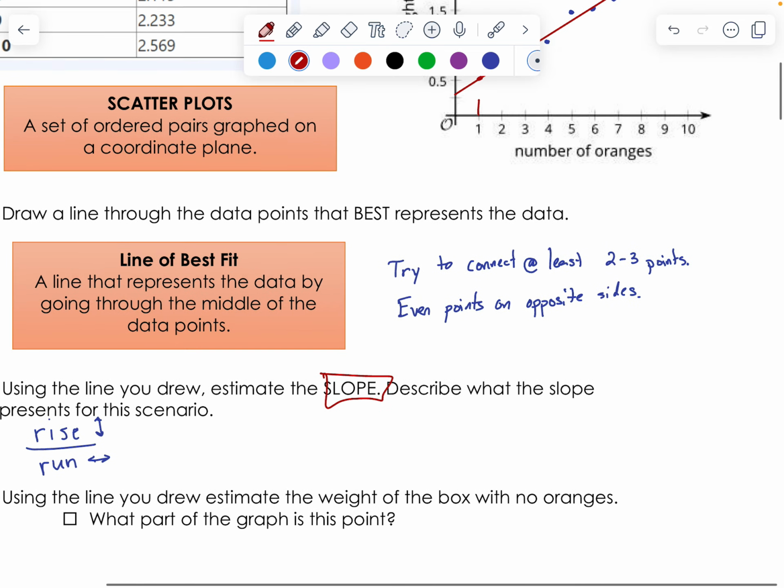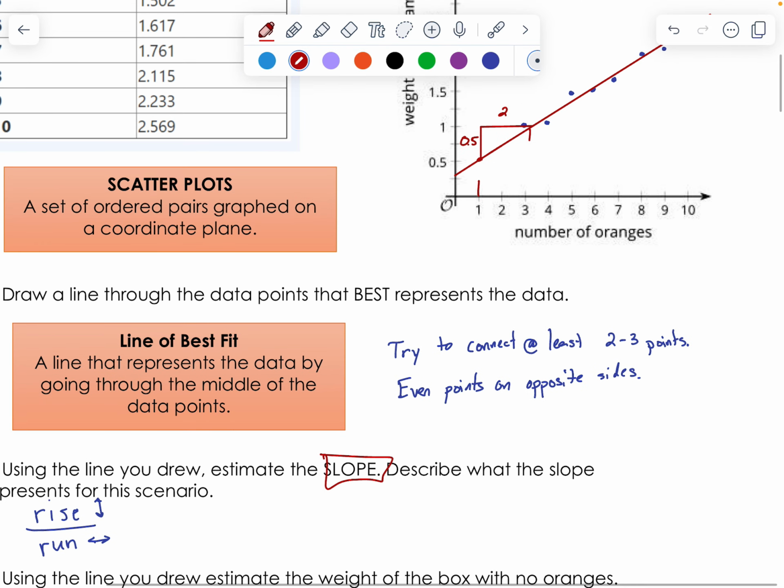Now this is just an estimate, but that's rise over run. Our slope here would be 0.5 over 2. If you want to double that, you can, and it's really 1 over 4.